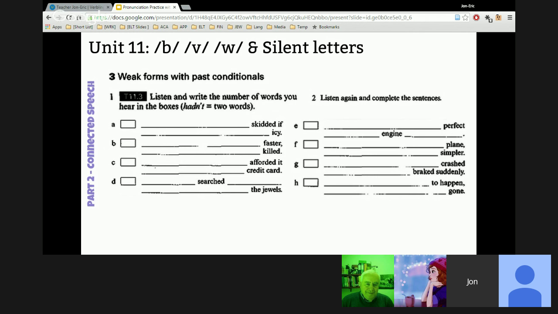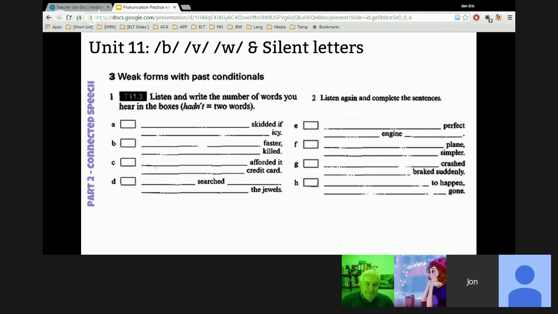Can you repeat that? If they were searched more carefully, they might have found the jewelry. Okay. So listen to the beginning one more time. Listen to my verb tense. I'm not using the past. I'm using the past perfect. If they'd searched more carefully.